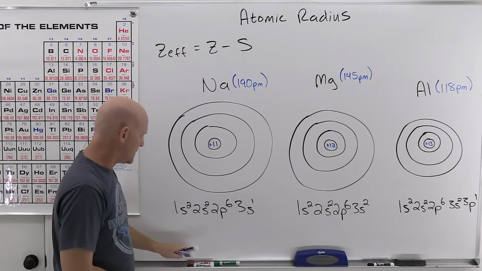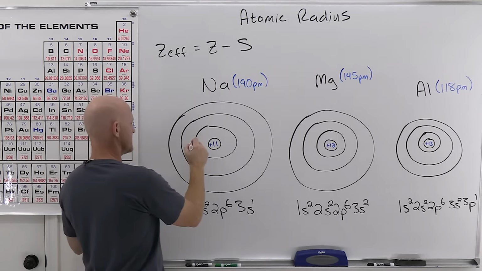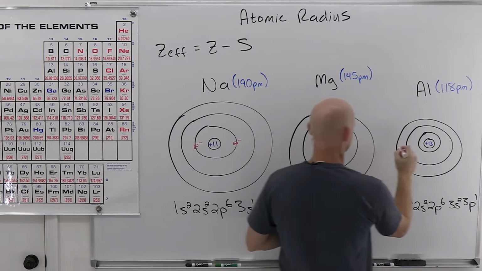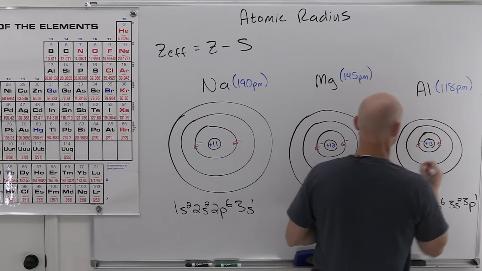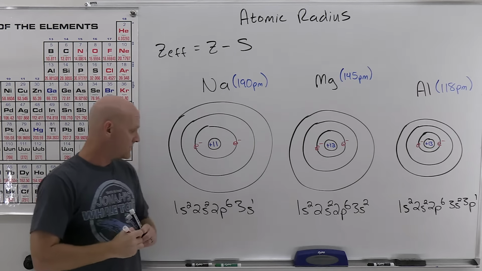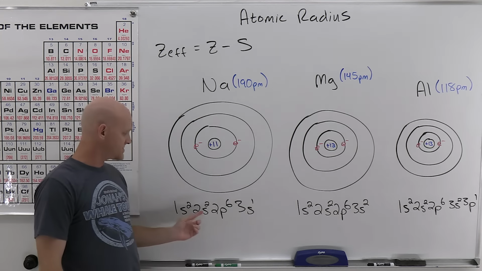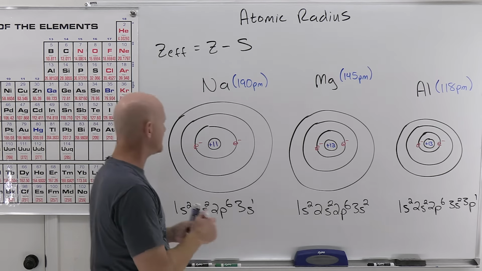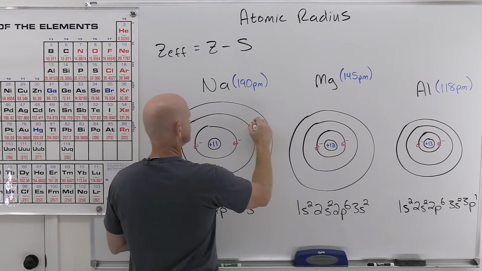All right, so all of them have 2 electrons in that first shell, and I'll draw those in. Then they all also have 8 electrons in that second shell, so 2s2, 2p6. That's 8 electrons in the second shell.